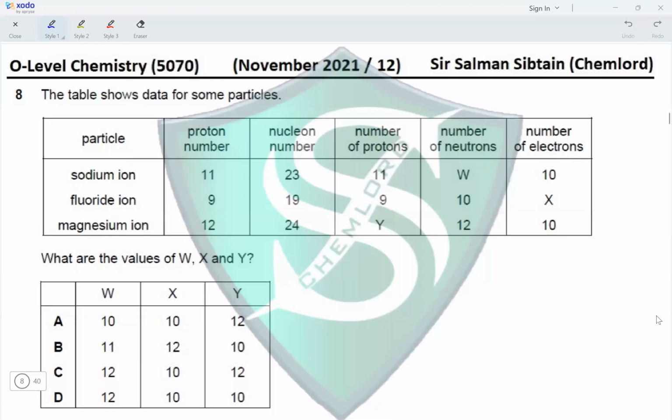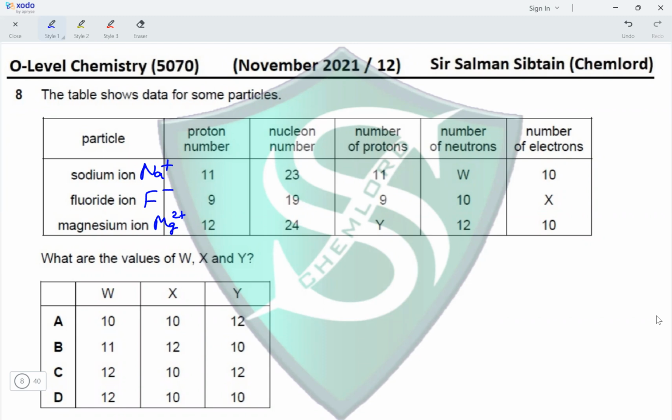Question 8. The table shows data of some particles. So we've got sodium ion, fluoride ion, and magnesium ion: Na+, fluoride would be F-, and magnesium would be Mg2+. We have the number of protons, the nucleon number, the proton number, the number of neutrons, and the number of electrons. What are the values of W, X, and Y?